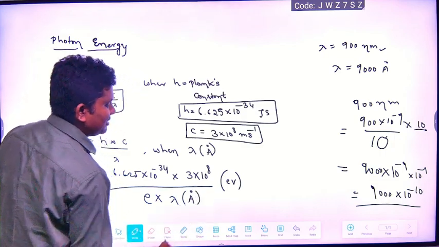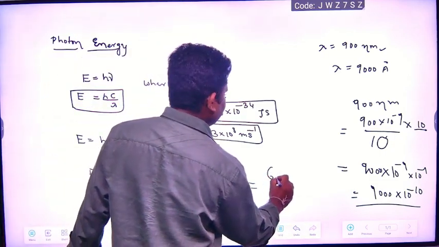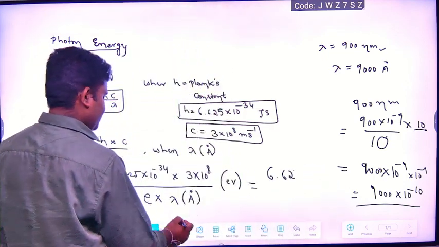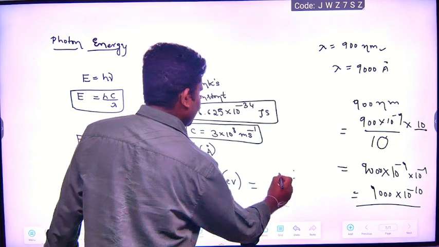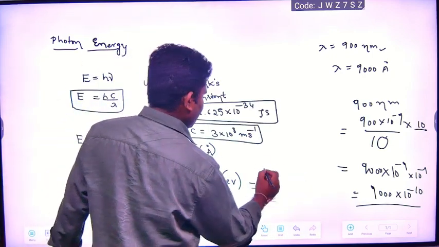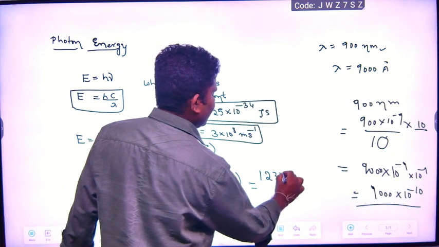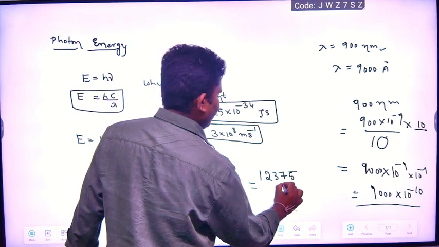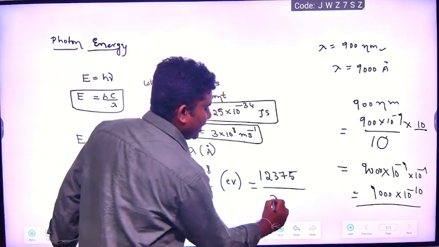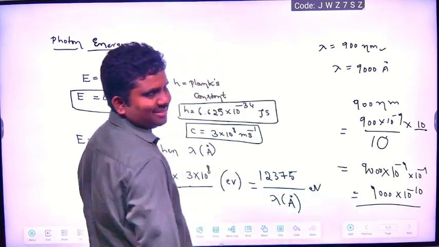You make it in angstrom. Then how much will you get? The answer is 12375 divided by lambda in angstrom, electron volts.